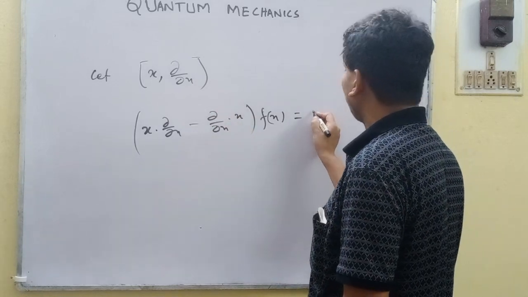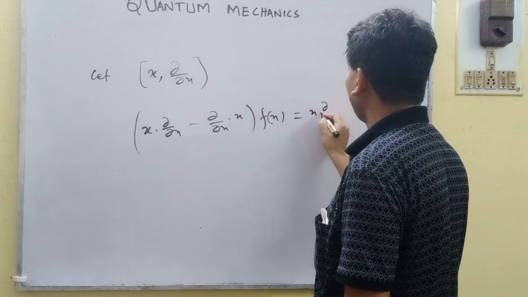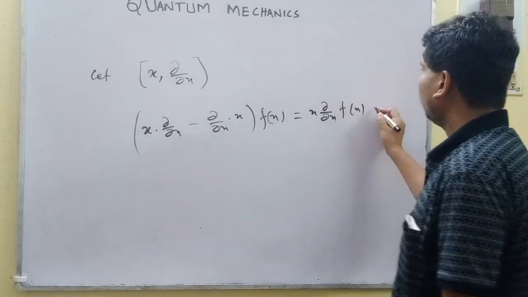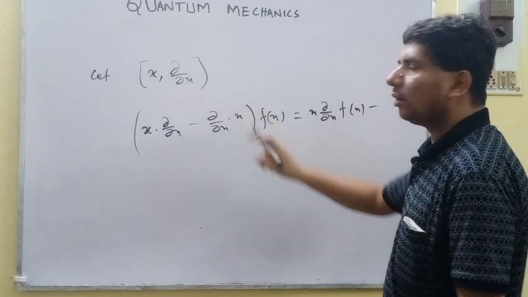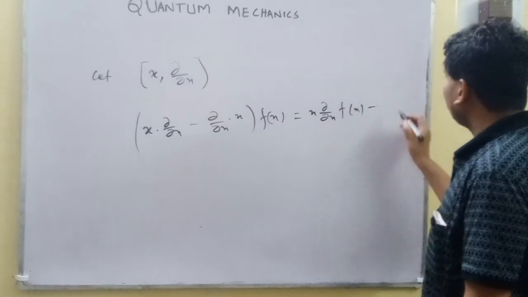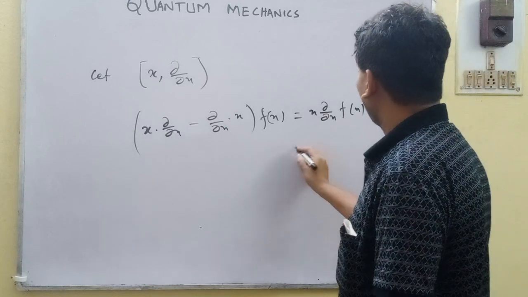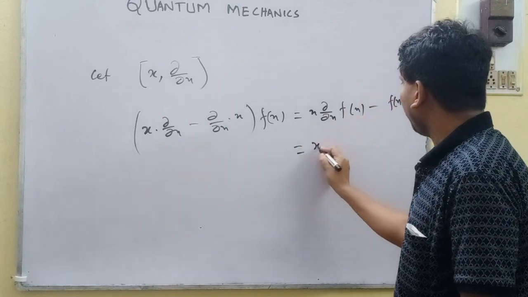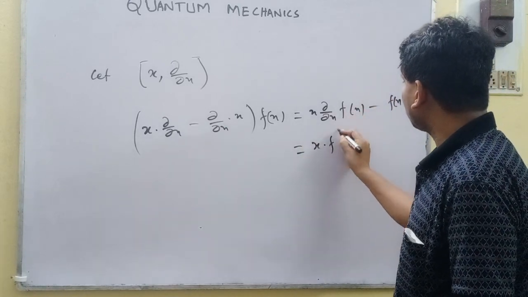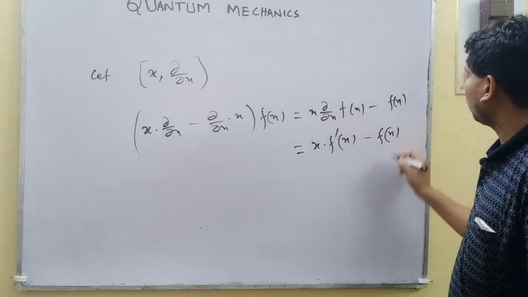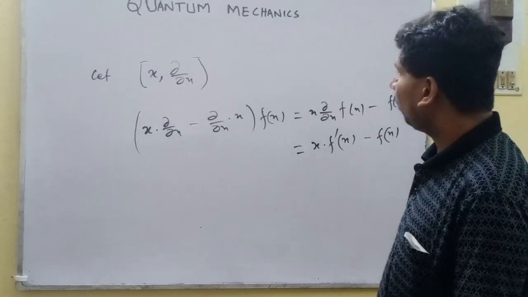Then x del x f(x) minus, this is actually 1, then just f(x). And what is this? x into f dash x minus f(x). So what happened here?